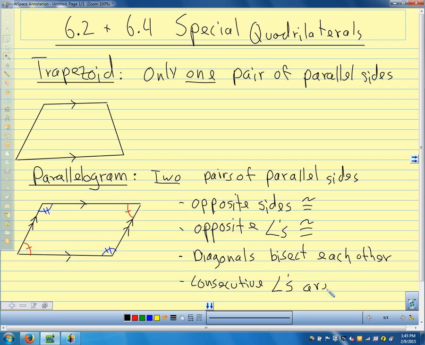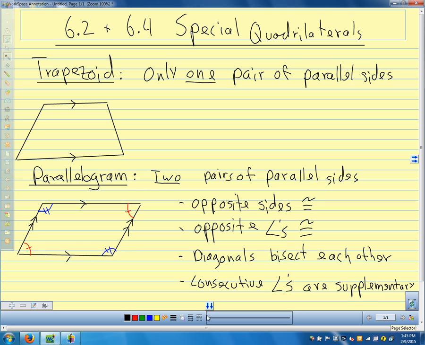Consecutive angles are supplementary. What do we mean by consecutive? What if I was talking about consecutive days of the week? Adjacent. One right after the next. Consecutive angles means two angles in a row along any side. Those two angles would be supplementary.